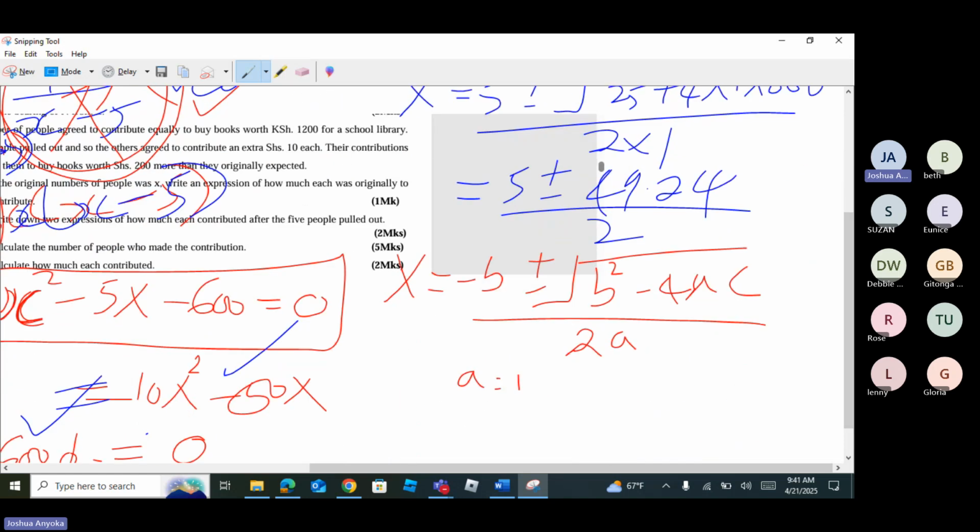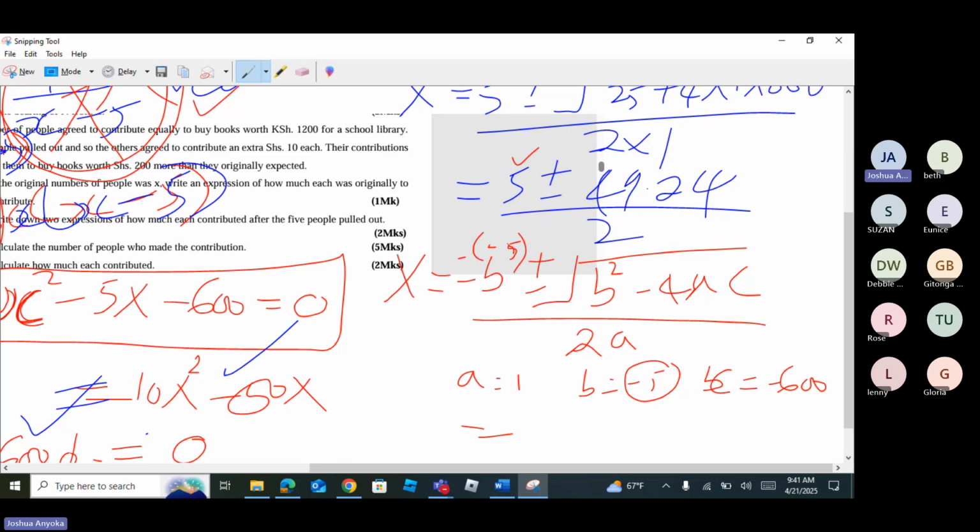The value of a is 1, the value of b is negative 5, and the value of c is negative 600. When we put minus 5 and minus 5 here, it will be positive. Those are small things I want you to take into consideration. Yes.